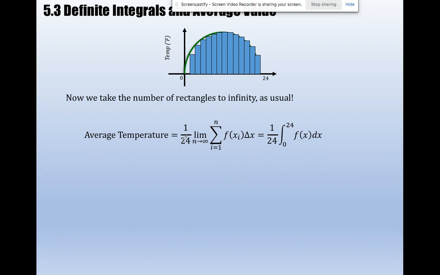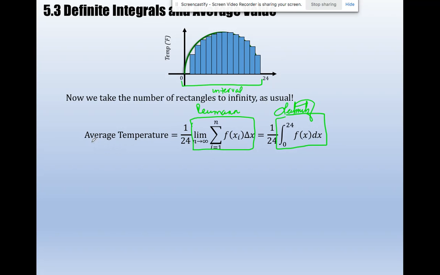So here's George. I took that 1 over 24. Here's George, an infinite Riemann sum. And I made him more elegant. Leibnizized him. And then I have this, where did this 1 over 24 come from? Oh, right. The interval. So wait a second.